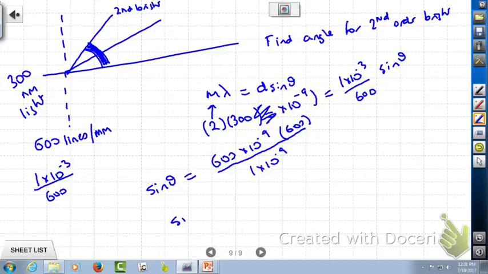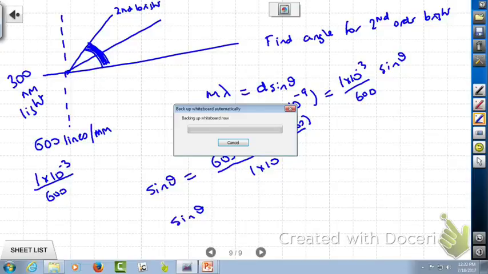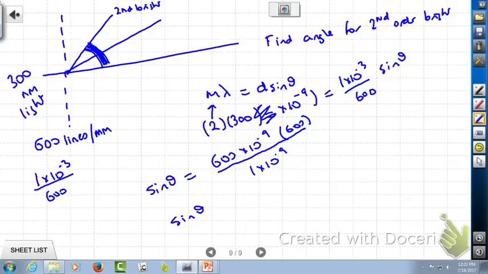Sine theta, oh, that's not good. Have I got just some bad number? Let me check, m lambda equals d sine theta. 300 nanometers, 600 lines. I think this is too small, but let's see. Is my math all right? Your algebra's right. Oh, that's 10 to the minus 3, isn't it? Yep. Not 10 to the minus 9, 10 to the minus 3.